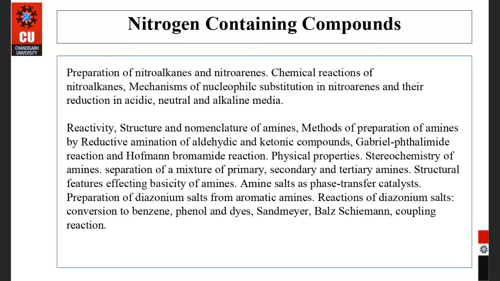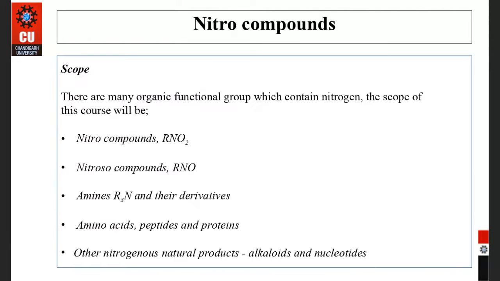Okay, so starting with nitro compounds, first there is a preparation of nitro compounds. So what is the scope of these nitro compounds? That there are many organic functional groups which contain nitrogen, and the scope of this course will study the nitro compounds, nitroso compounds, various compounds are there.